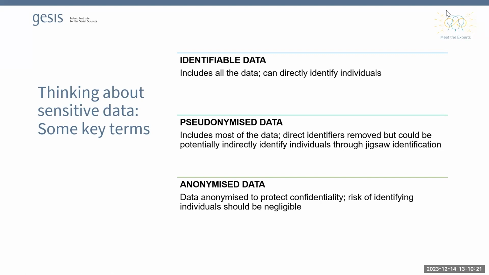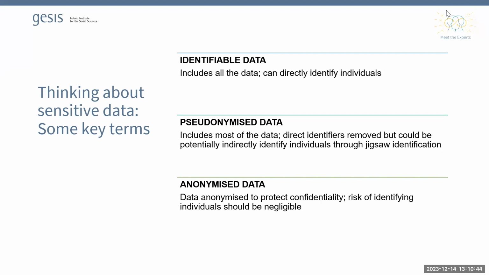And we sometimes think of this as jigsaw identification. So we may not have their name, but we would know the small geographical area that they live in. We might know their ethnicity or their age. And we can start to piece these pieces of information together to build up a complete picture.